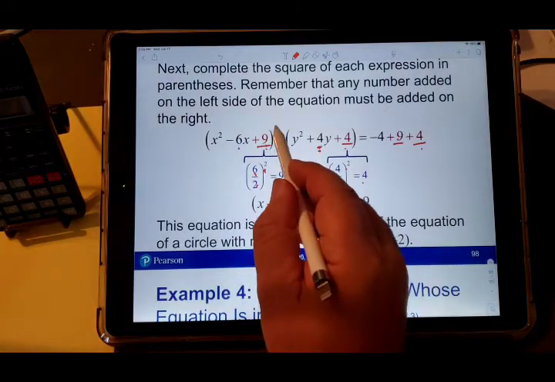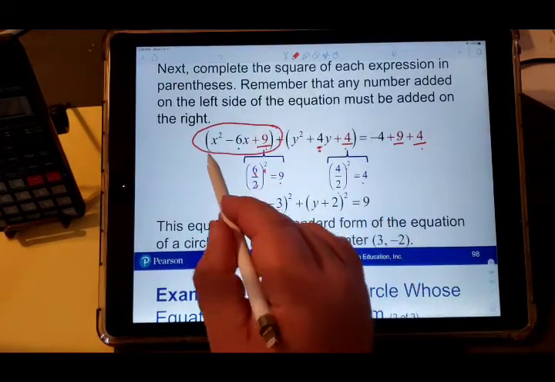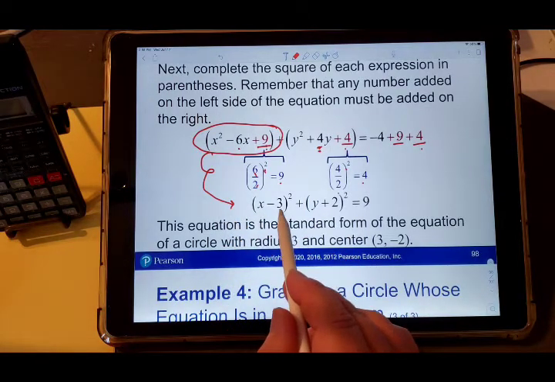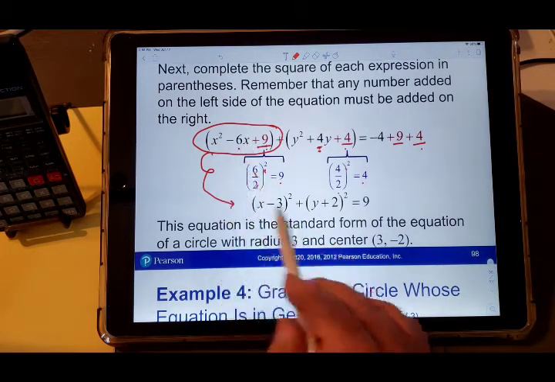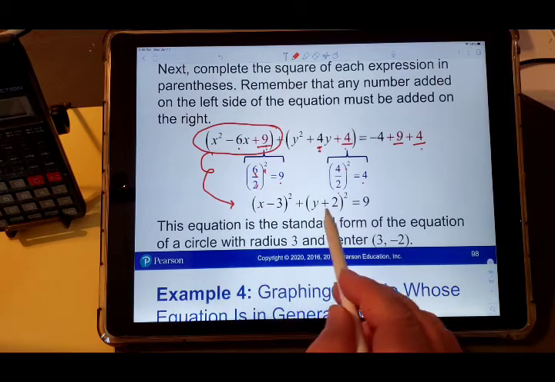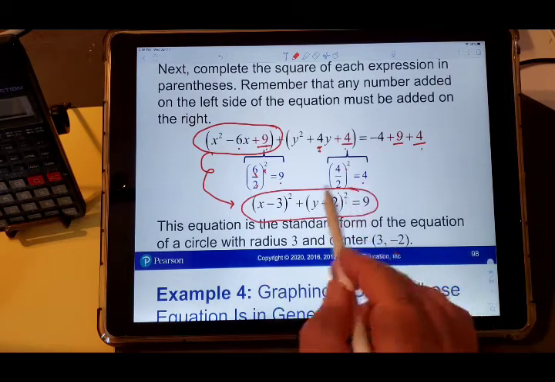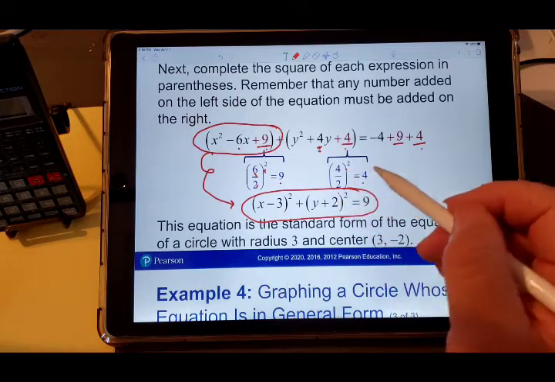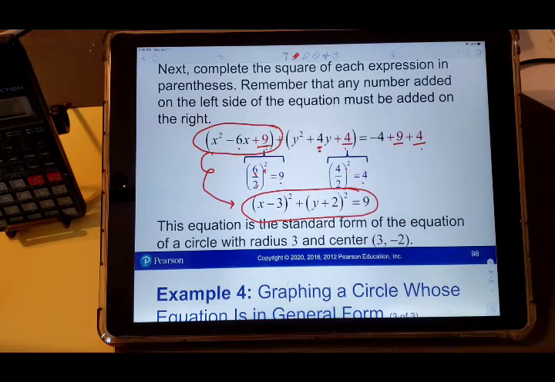And now, what perfect square trinomial am I talking about here? Well, it's x minus 3. And again, we could just figure that out by factoring y plus 2. We could figure that out. But it was a very quick process, but the process still has to be done. And you get the completed square form.